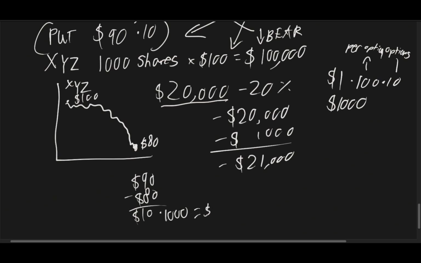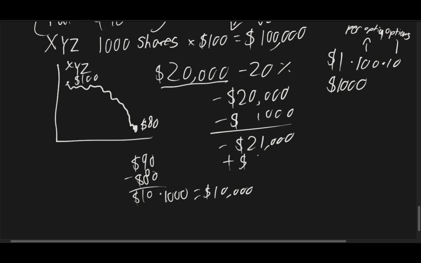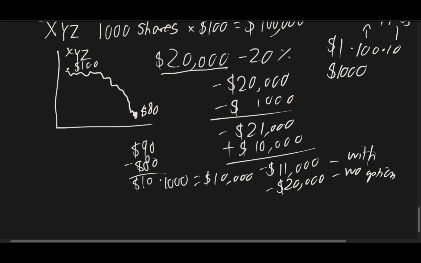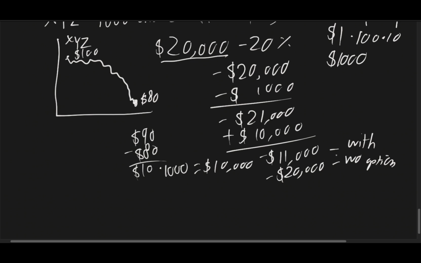So we would profit $10,000 from this option that only cost us $1,000, assuming other factors are constant. So instead of a $20,000 loss, we only incur an $11,000 loss. This is without the option, and this is with. So that's the way you can hedge your positions with options.